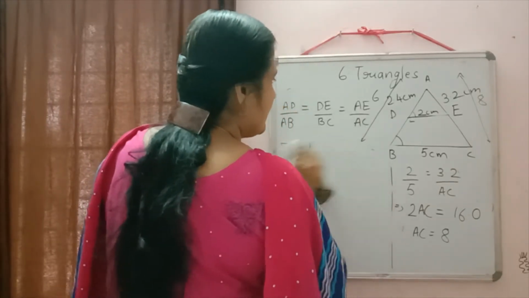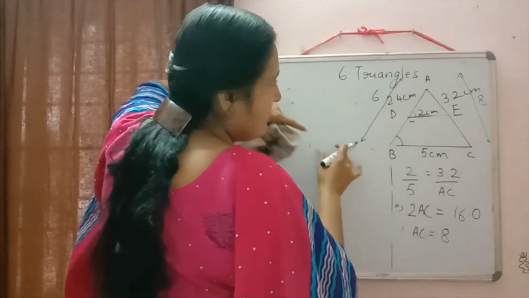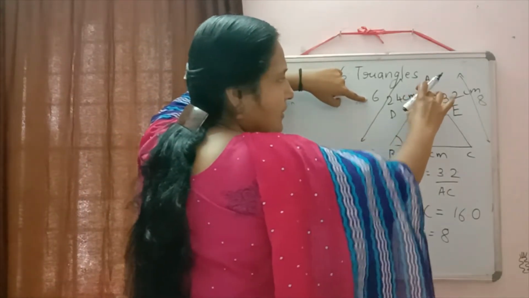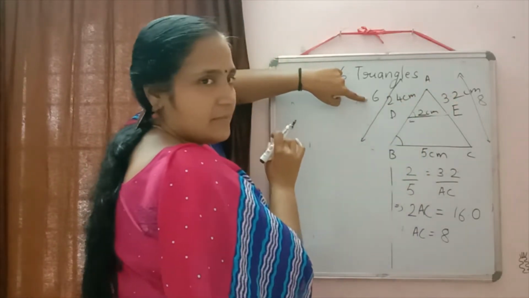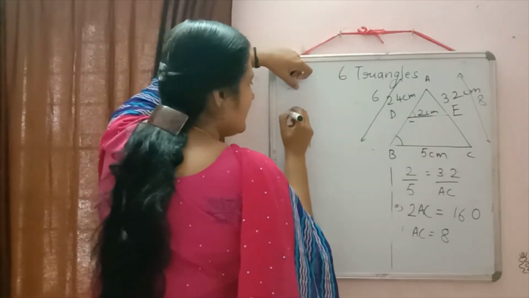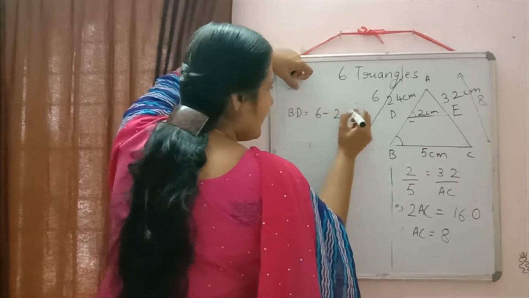Now we will check there. What is the value of AB we got? Total length AB is equal to 6 centimeter and AD is equal to 2.4 centimeter. Then how we will calculate BD? Yes, BD can be calculated as 6 minus 2.4.